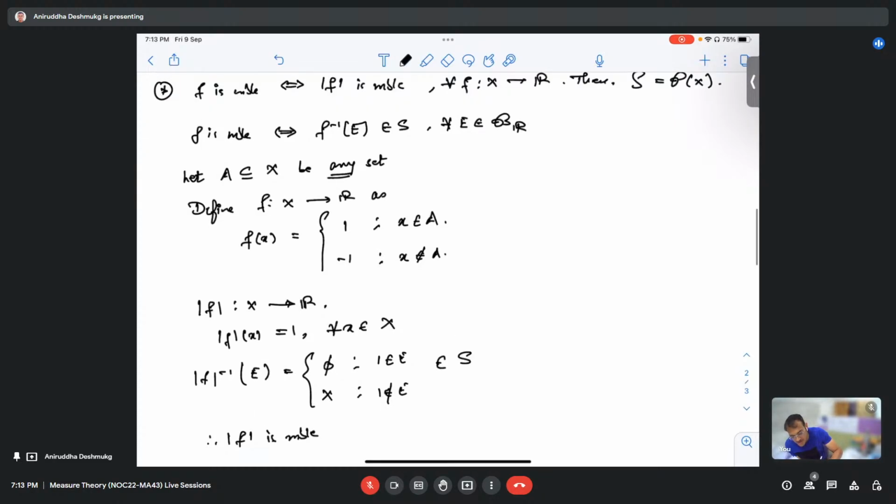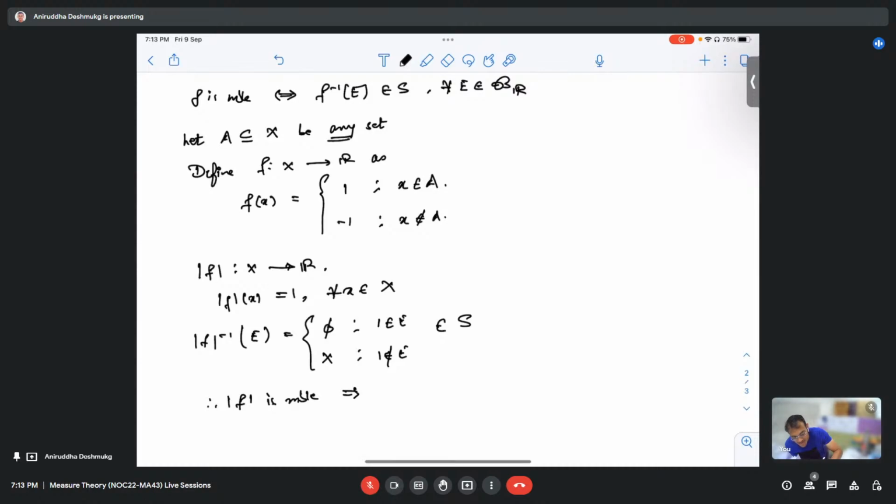But then by hypothesis, this is the same as saying that f is measurable. The hypothesis says that for every function f from X to R, this result is true. So for this function also it is true, because mod f is measurable, so f is measurable.